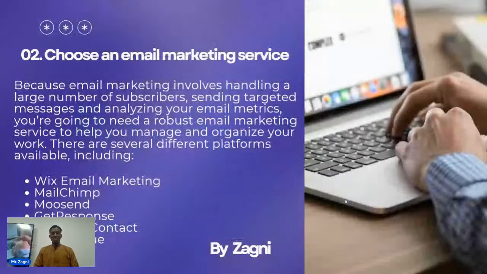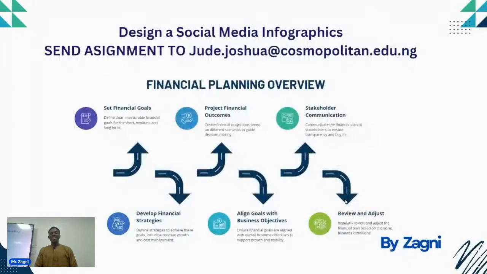Okay, this is where we're going to stop for now. Then this is your assignment. Design a social media infograph. Send assignment to Joshua. So you are going to be creating a financial planning overview.